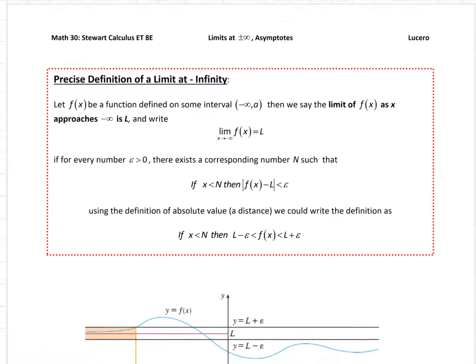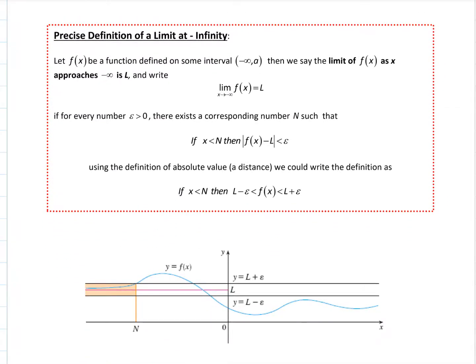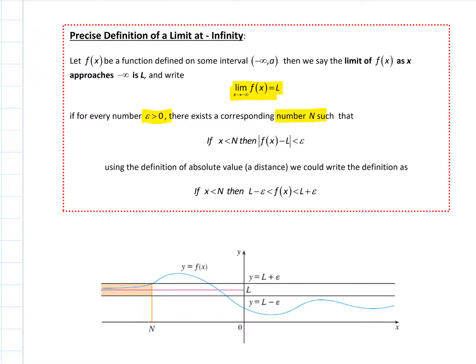And in a very similar way, we have this precise definition going the other direction. It simply says that if the limit of a function as x decreases without bound, as x goes to negative infinity, is equal to L, that means that for every epsilon greater than 0, there exists a value n such that if x is less than n, in this case we're going this direction, so as long as x is over here to the left of n, then our f(x) values will be in the appropriate neighborhood on the y-axis, in our epsilon neighborhood.